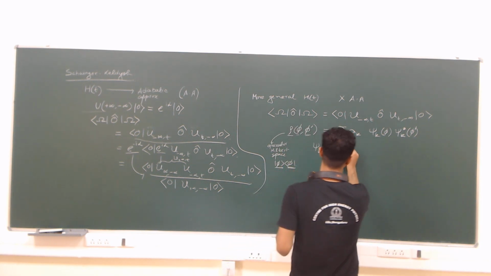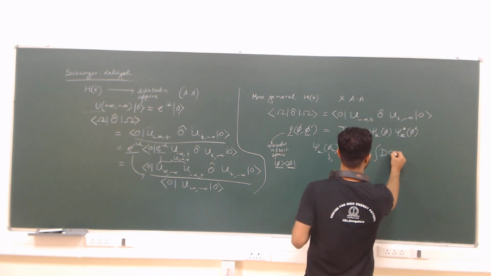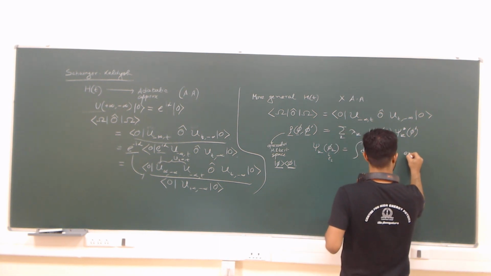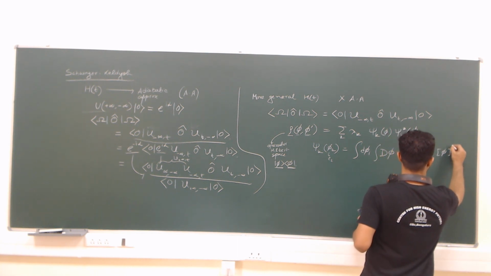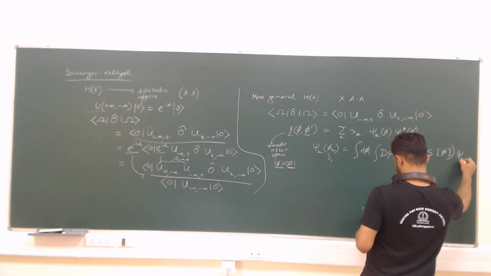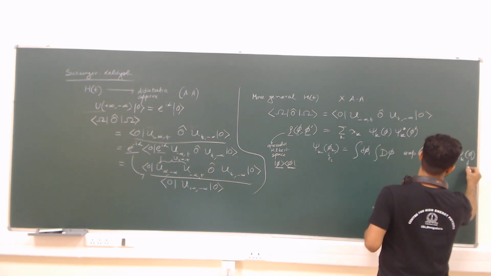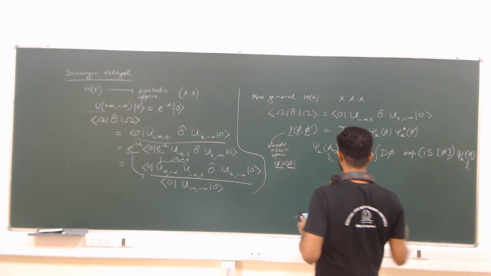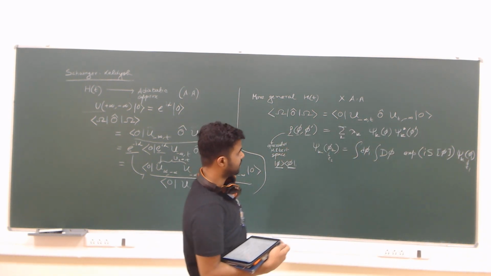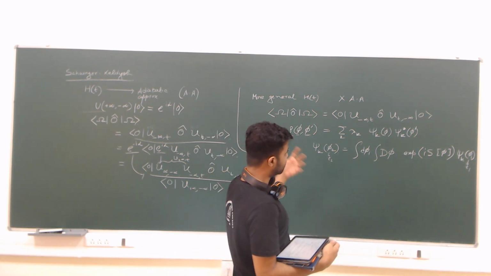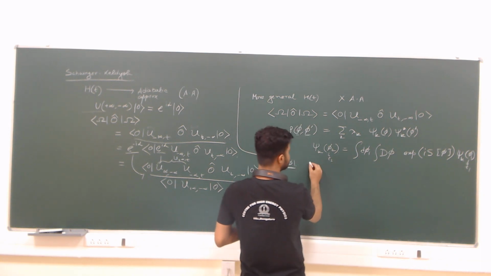This is the evolved field. Start from psi k phi 1 defined at t1. Previously I was writing in terms of wave functions in the position space and so on, but now let's write it in this notation.